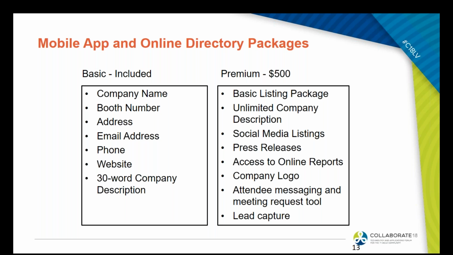We also offer the premium package, and so with that you get everything basic. You also get unlimited company descriptions, social media tags, press release options, online reporting, company logo, the messaging and meeting request tool, and then there's also lead capture included in that as well. So it's a lot of value at kind of a minimum price point.